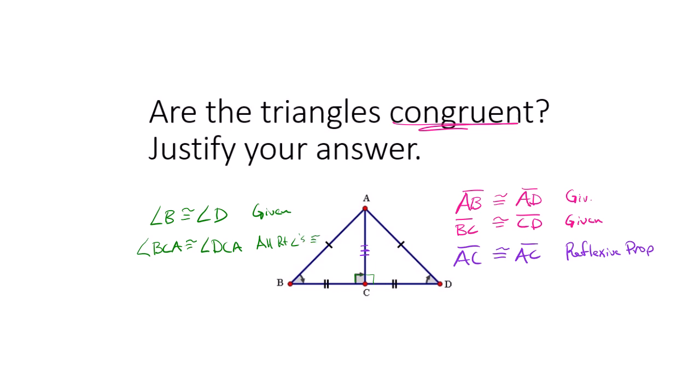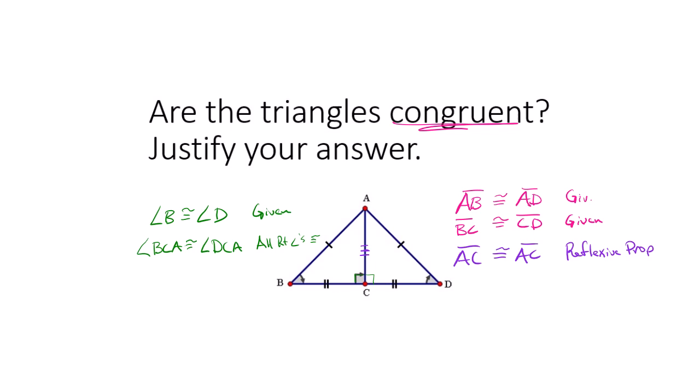All right. So now the next angle we have is this angle here and this angle here, right? So angle BAC and angle DAC. Now we can't use the reflexive property because that's not the same angle, right? This angle is not the exact same as this angle, even though they have the same vertex. So we have to use something else.